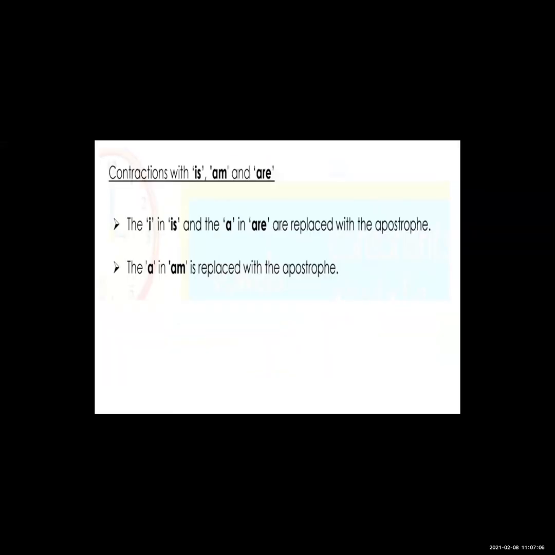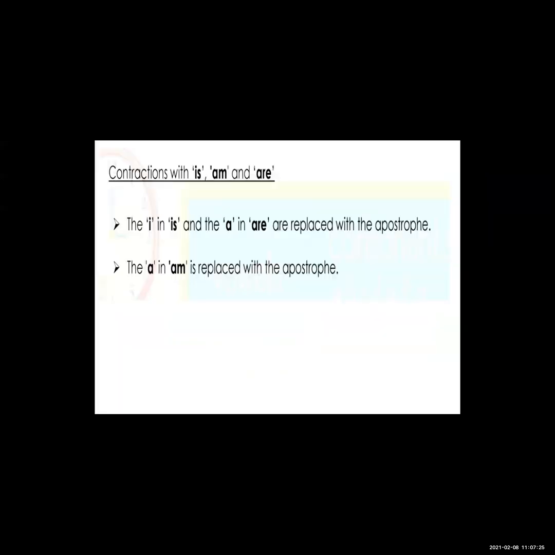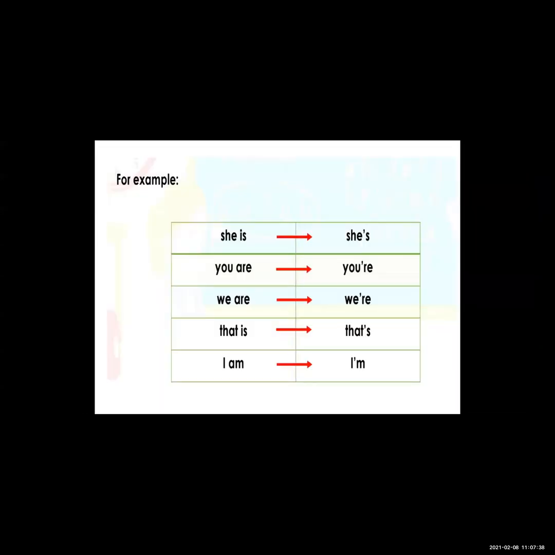Contractions with is, am, and are. The I in is and the A in are are replaced with the apostrophe. See here, I told you an example.